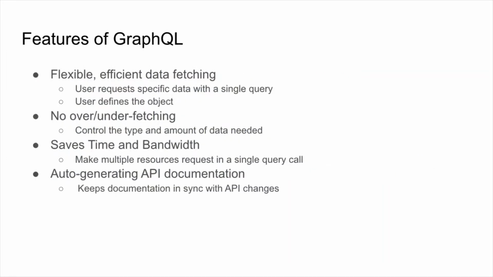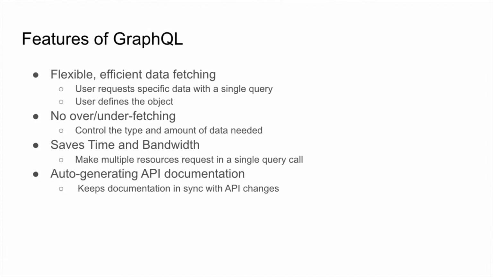Let's take a look at some of the features specific to GraphQL. First, GraphQL allows flexible and efficient data fetching. With GraphQL, the user can request specific data in the database with a single query. The user defines the request object on the client side instead of the server.